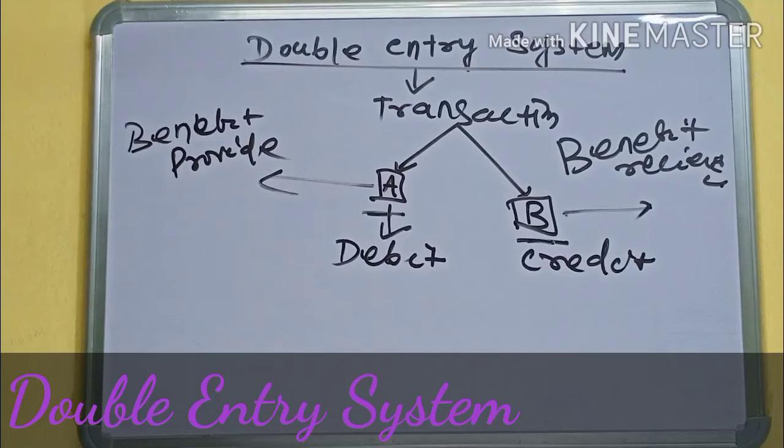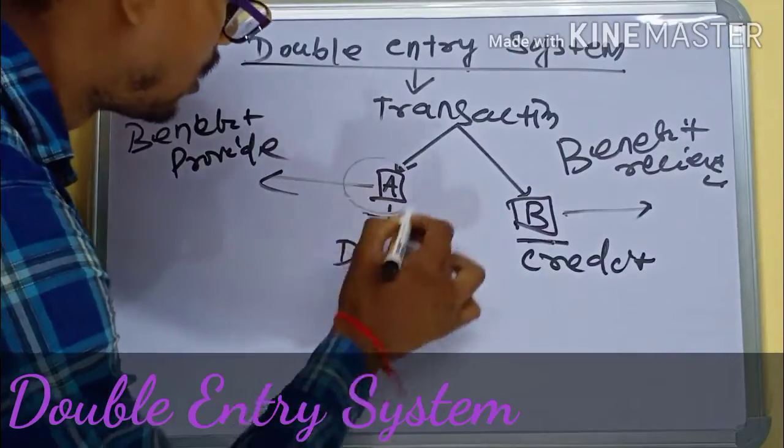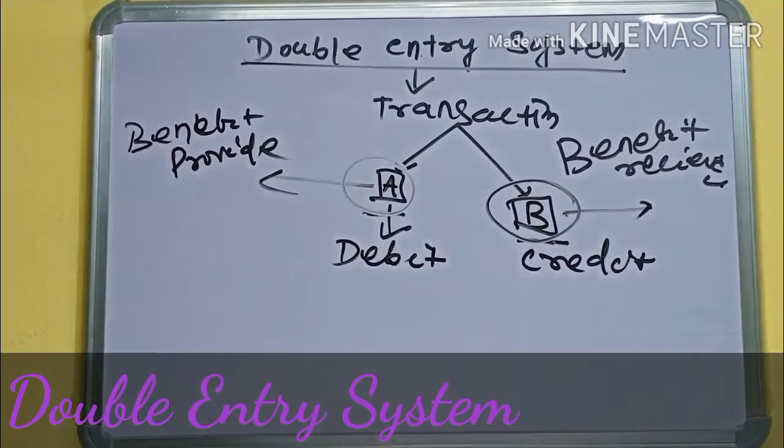Overall, in the double entry system, each transaction is accounted in two accounts for an equal amount of money, debiting one and crediting the other account. This is called the double entry system. Each transaction has two aspects and is recorded with two different accounts.